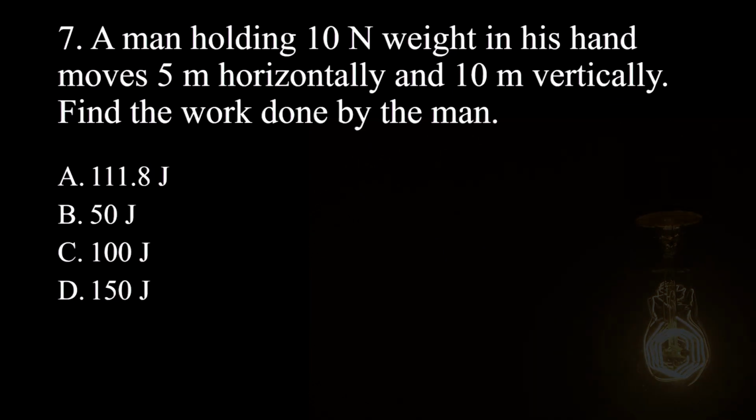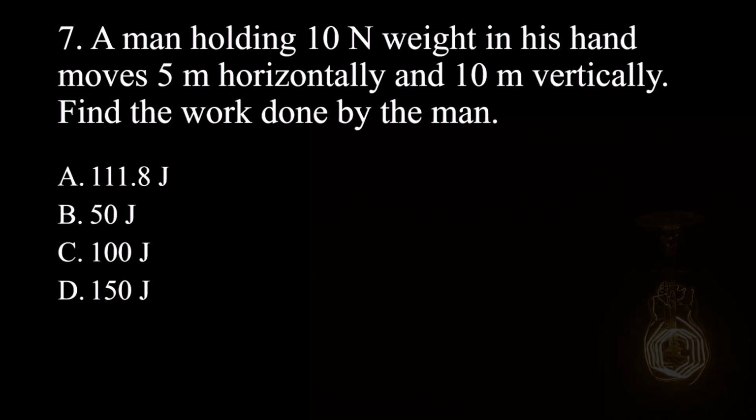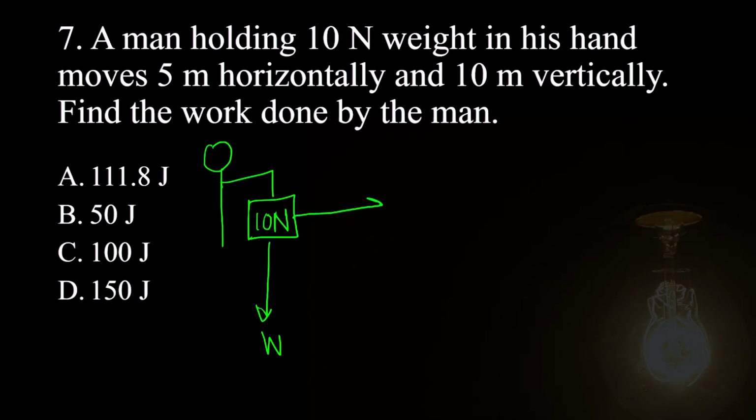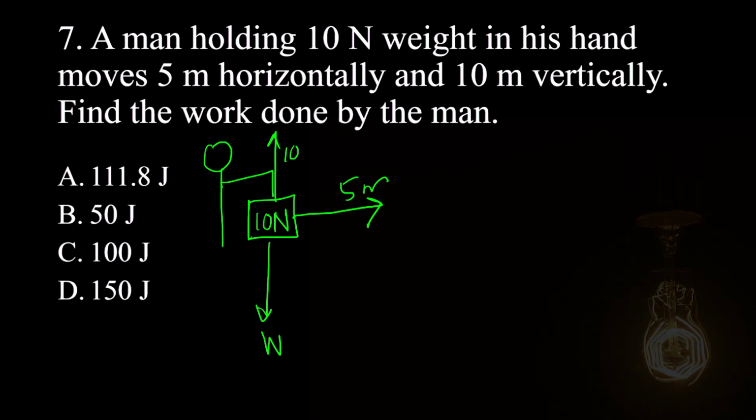A man holding a 10 Newton weight in his hand moves 5 meter horizontally and 10 meter vertically. Find the work done by the man. Let's make a figure: a man holding a weight of 10 Newton, and the direction of the weight is downward, and he moves 5 meter horizontally and 10 meter vertically.